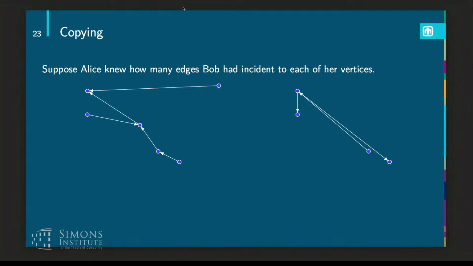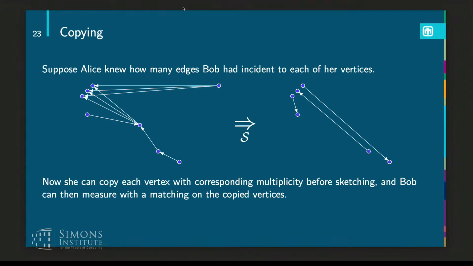If she did, she could copy each of her vertices with multiplicity equal to that vertex's degree in Bob's graph, and sketch all of those copies. Bob could then, when he went to measure, copy each of his pairs in the same multiplicity, so he'd still be obeying the disjointness rule.